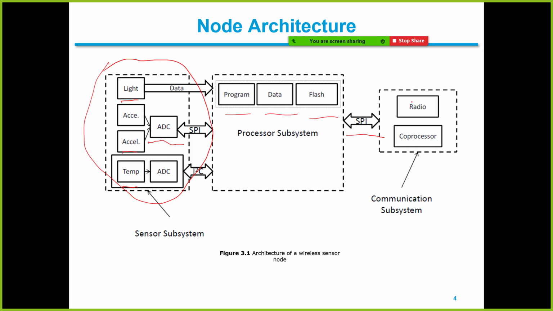Here in this subsystem, we have another processor, a coprocessor, and also the unit for wireless communication, with a receiver and a transmitter. We can transmit data out to other sensor nodes, and we can also receive data from other sensor nodes. That's the function of the communication subsystem.